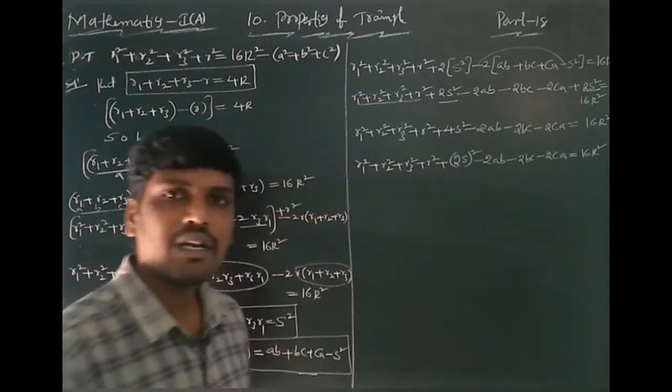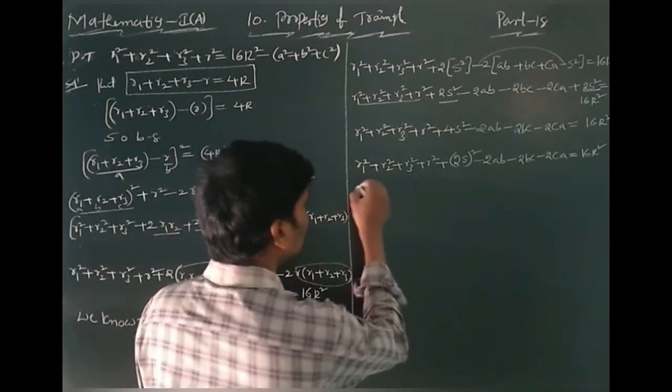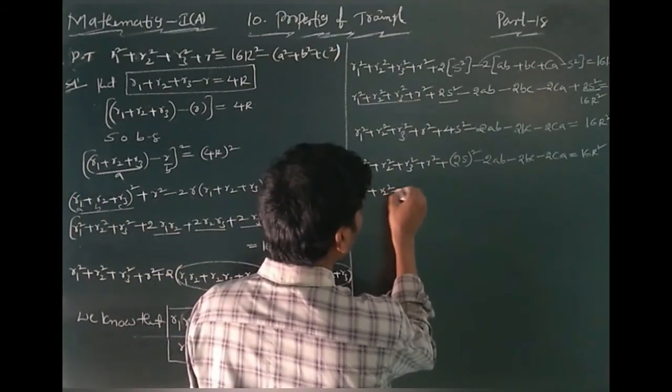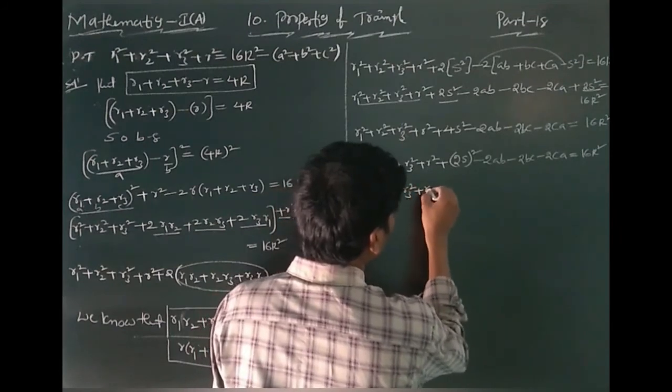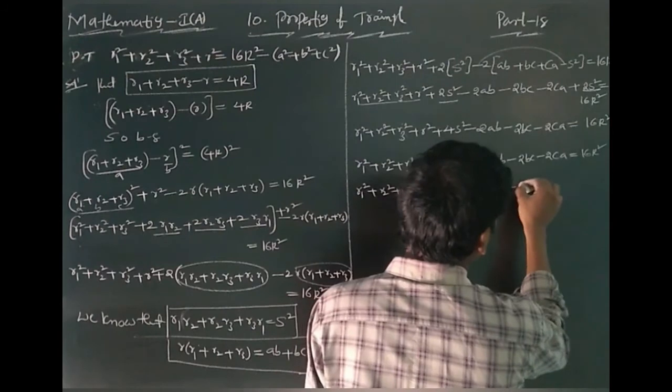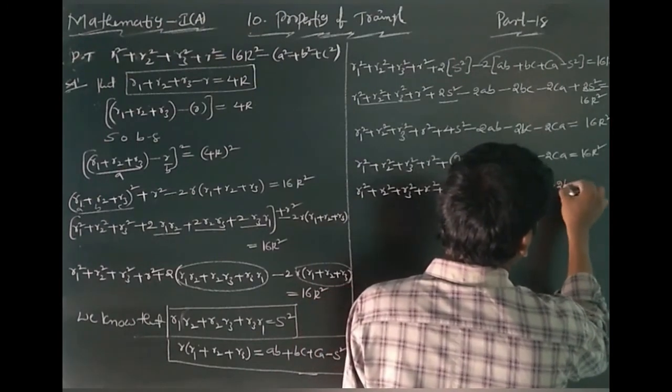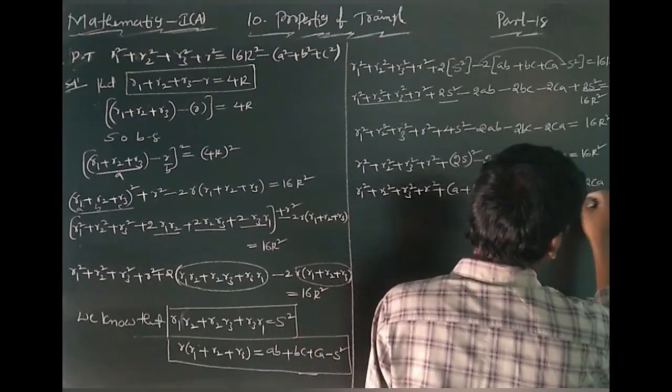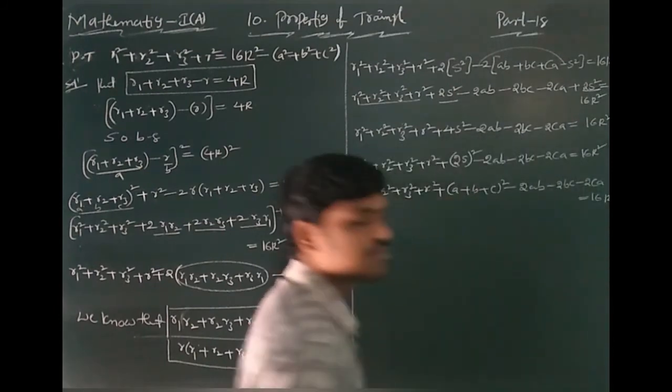Here we know the perimeter of the triangle: 2s equals a plus b plus c. That's why we get r1 square plus r2 square plus r3 square plus r square plus (a + b + c) whole square minus 2ab minus 2bc minus 2ca is equal to 16r square.